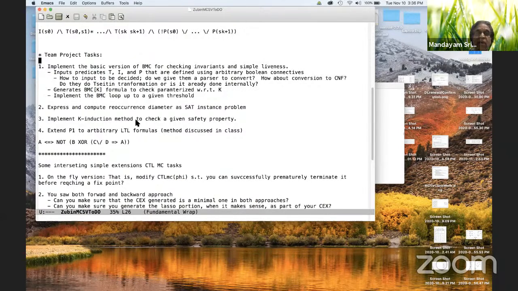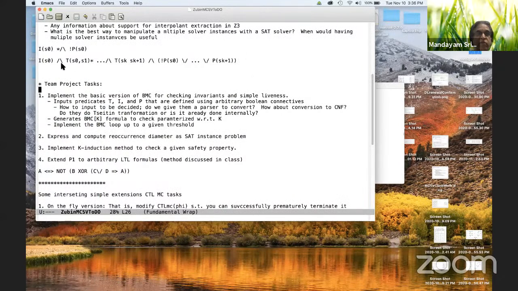And you will see that those two BMC formulas, like what I've shown here, this is for AG of P, are a special case of the more general scheme that we will be discussing today.